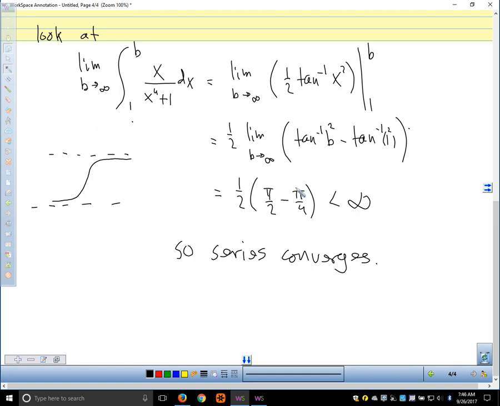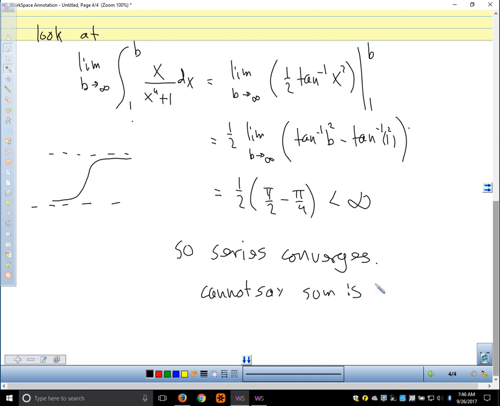Here's where we have to be careful. We cannot say that the sum is pi over 8, because this evaluates to pi over 8. The value of the integral and the value of the sum of the infinite series are not necessarily the same.